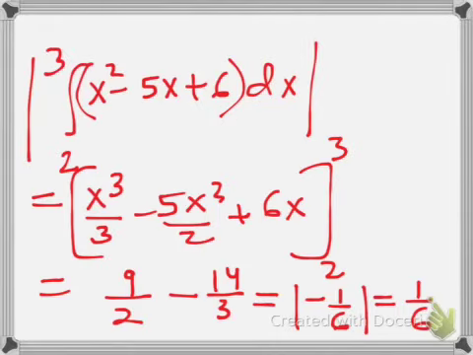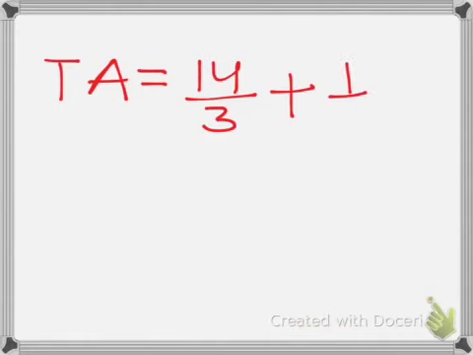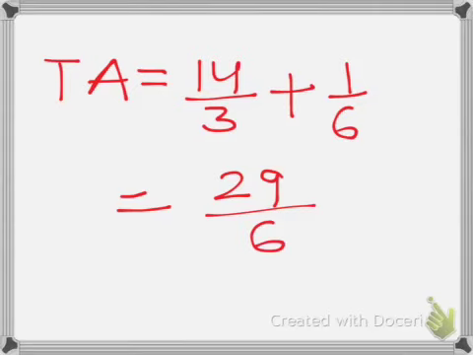So the total area, or the total distance covered by the object with velocity function x squared minus 5x plus 6 between 0 and 3 seconds, is 14 thirds plus 1/6, which is the same as 29 over 6, as against 9.5 as the displacement.